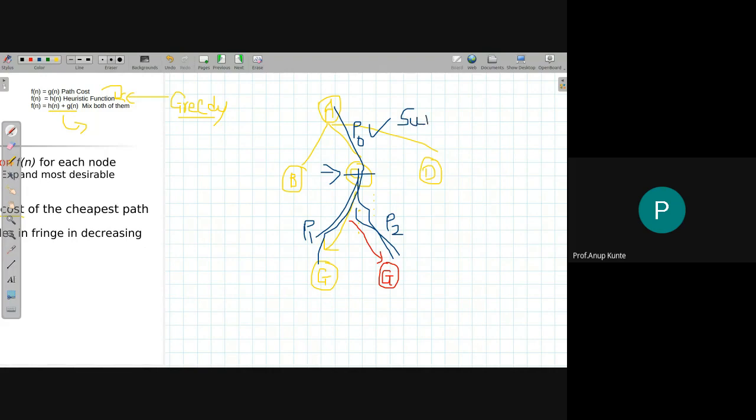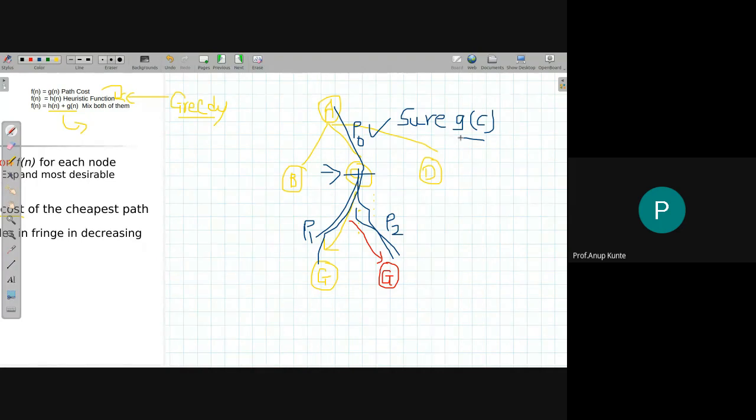It is fixed, and that is generally referred to as G of, in this case, the node that we are talking about is C. So this is nothing but the path cost of C, because we have already reached in this state space search up to node C, and we are inspecting whether to expand node C or not. If node C is the goal node, we won't expand it. If it is not the goal node, we will expand it. That's the step where we have reached. Okay, so this portion P0 is a fixed portion.